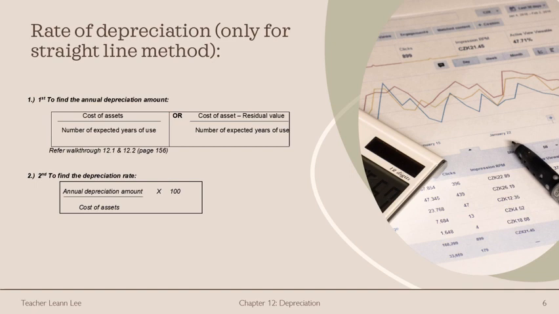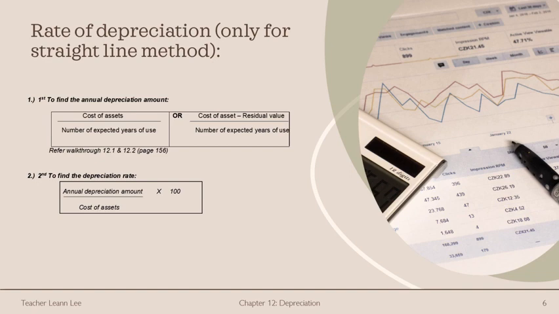Maybe I bought this computer and expected to use it for 5 years. The computer price is 2000. 2000 divided by 5 equals the amount I should drop from the cost price every year. Or you can use cost of the asset minus the residual value, divided by the number of expected years of use.